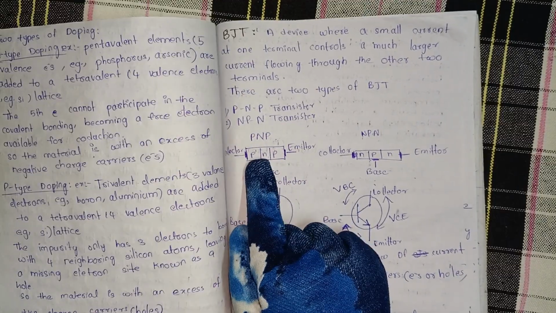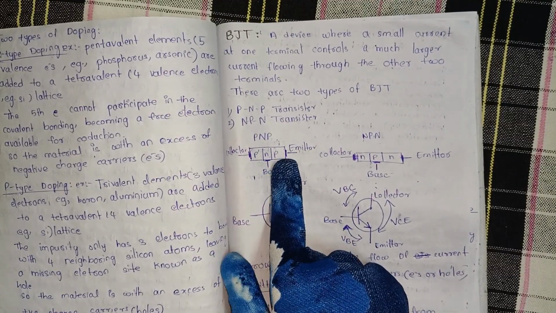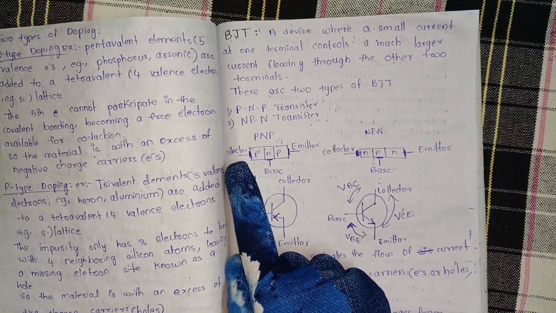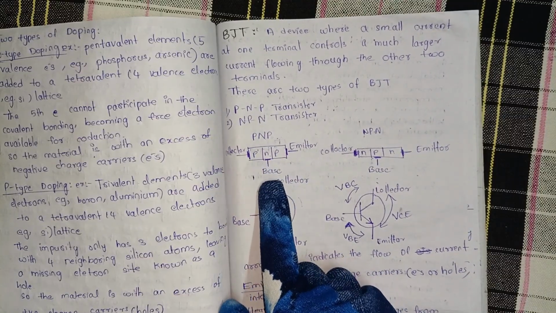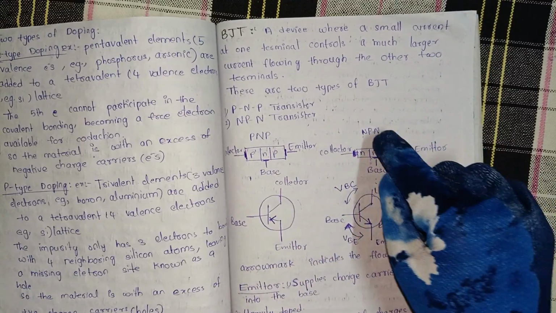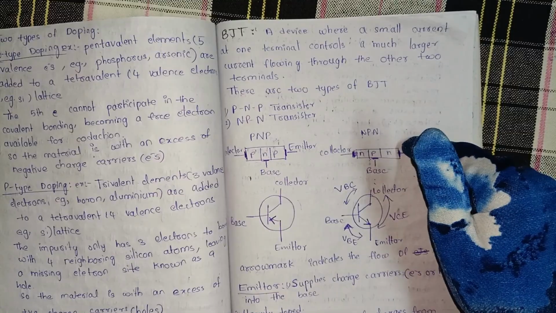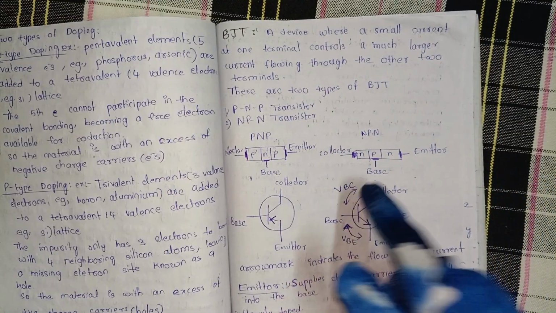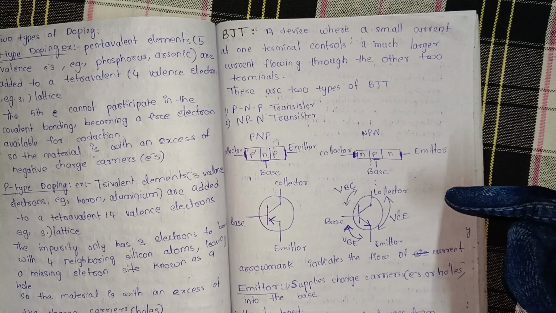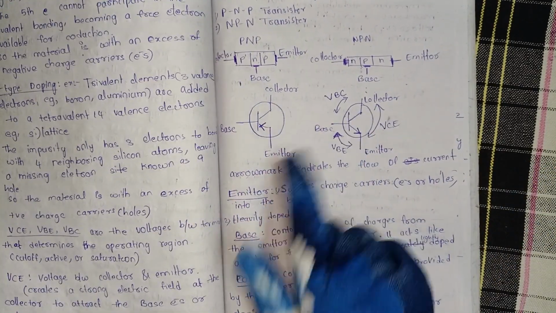So PNP BJT means it contains two p-type materials, they are collector and emitter, and one n-type material, that is base. And NPN BJT contains two n-type materials, which are collector and emitter, and one p-type material, which is base. So in the circuit we represent like this. Okay.